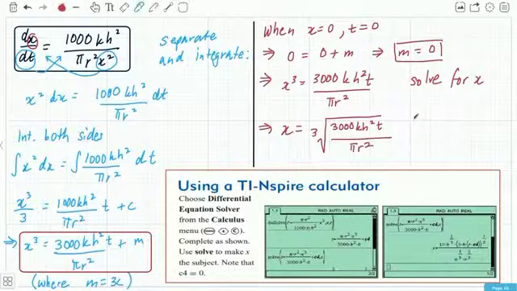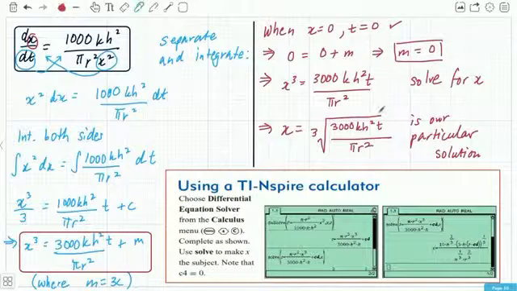And this is our particular solution. It's a particular solution because we had an initial condition, which was x equals 0, t equals 0, that we had to put into our differential equation.